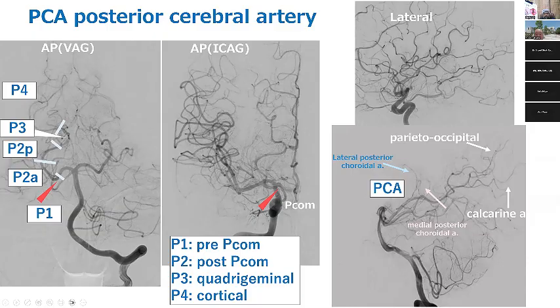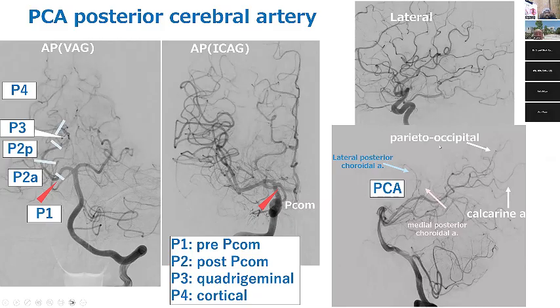We can evaluate the PCA both in vertebral angiography and internal carotid angiography. So in the ICA, the first branch from the ICA is the PCOM, and in red, this is the transition from the PCOM to the PCA, and this vessel is the same as this one.